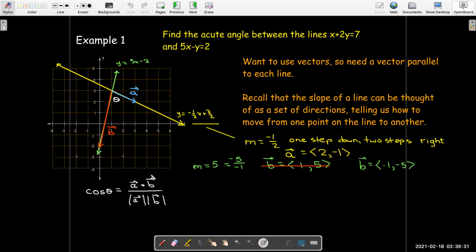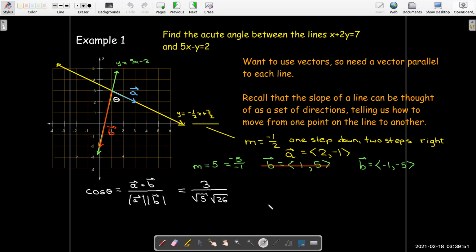And so now I can use our formula for the cosine of the angle between the vectors. The dot product is positive 3. The length of A is going to be radical of 4 plus 1. And the length of B is radical of 1 plus 25.